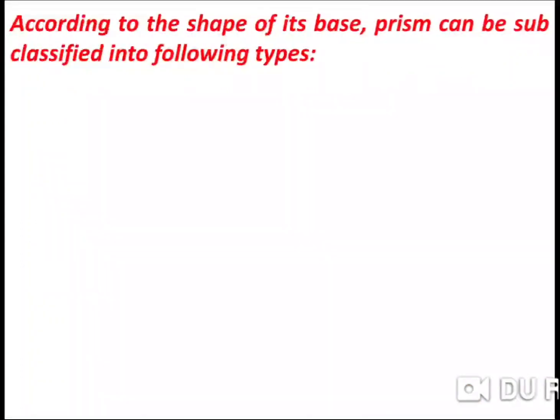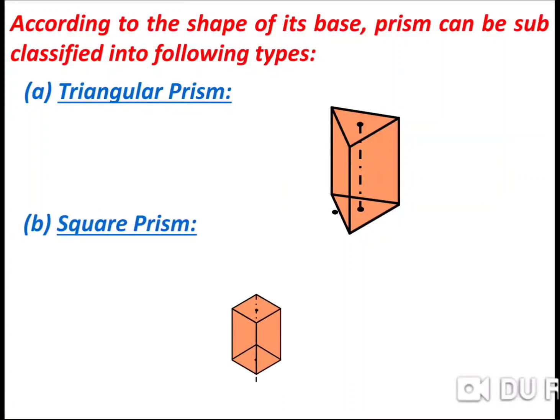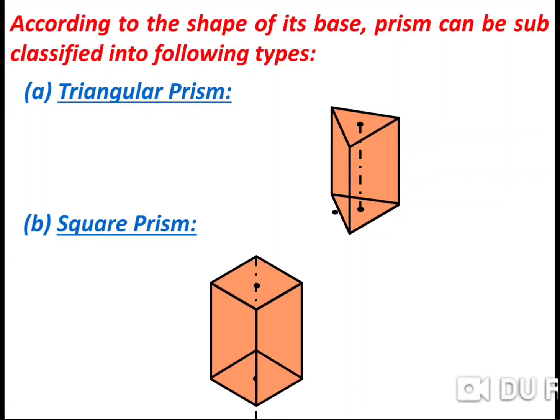According to the shape of its base, a prism can be classified into the following types. A. Triangular prism: top face and bottom face triangles, three side rectangles. B. Square prism: top face and bottom face squares, with four rectangular side faces.